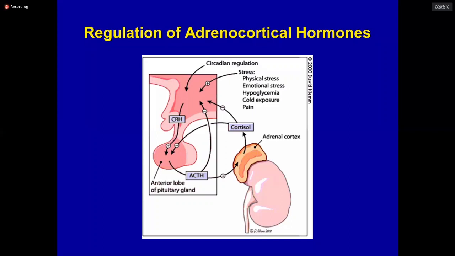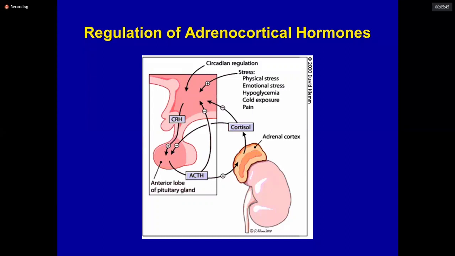So we know that stress generally, whether it was a physical stress like in trauma or having hypoglycemia or painful stimuli, will induce the axis by releasing corticotropin releasing hormone from the hypothalamus, which stimulates the anterior pituitary to secrete adrenocorticotropic hormone, and that in turn will stimulate the release and synthesis of cortisol from the adrenal cortex.